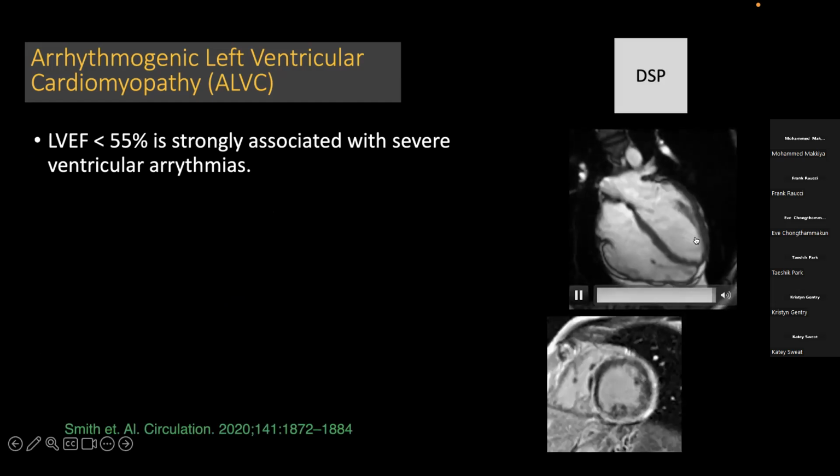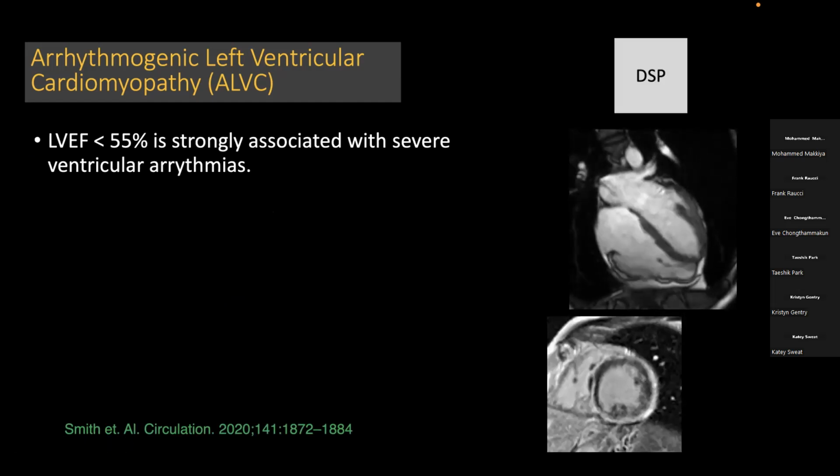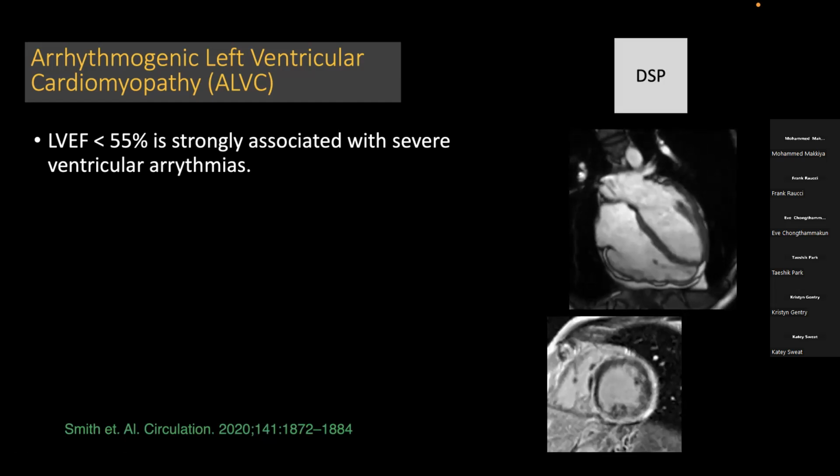But in those patients with ALVC, usually the left ventricular function is normal until very late in the disease. The LVEF is usually normal, but if it gets lower than 55%, it's strongly associated with severe ventricular arrhythmias.